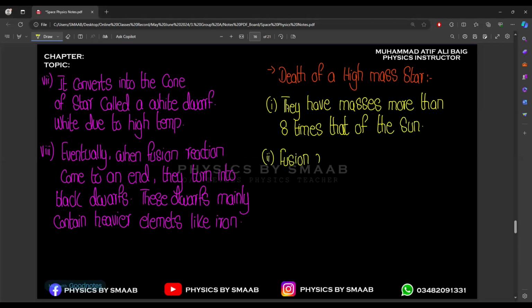So the fusion reaction takes place at a higher rate.